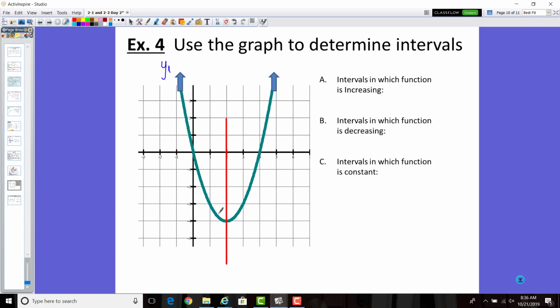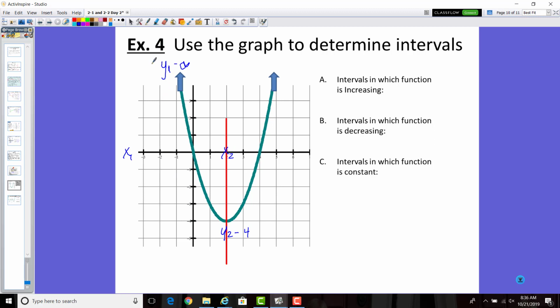So y1 to y2 here, this y value is greater than this y value here. This y value here is infinity. This y value here is 4. So my y values are decreasing, but the question is, where are those y values decreasing? So we're talking about from what x to what x.